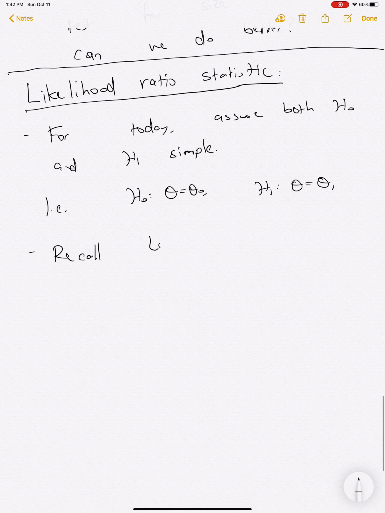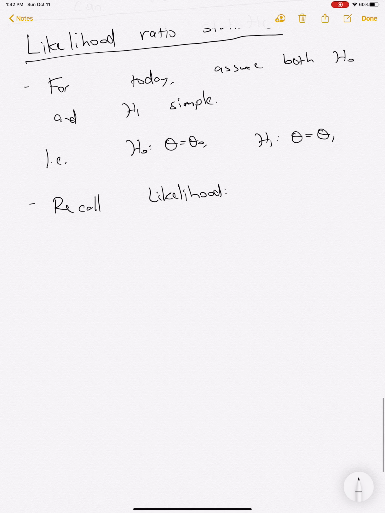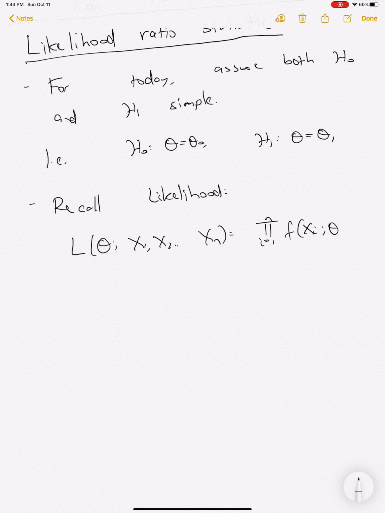So I just wanted to remind people of this concept of likelihood, which we saw in chapter 8, which was L of theta given x1, x2 up to xn. We multiply the distributions because we have independence.